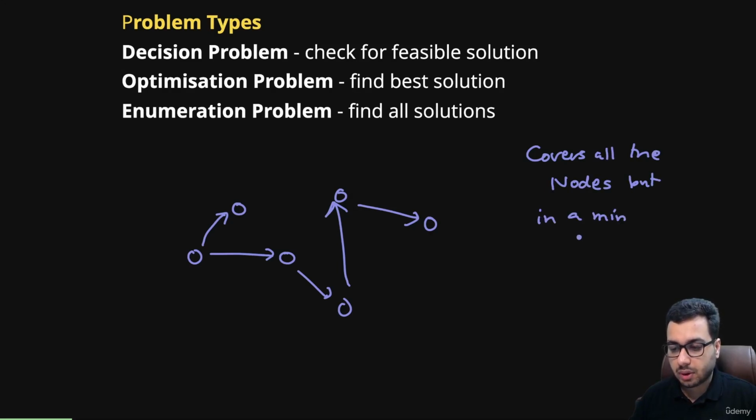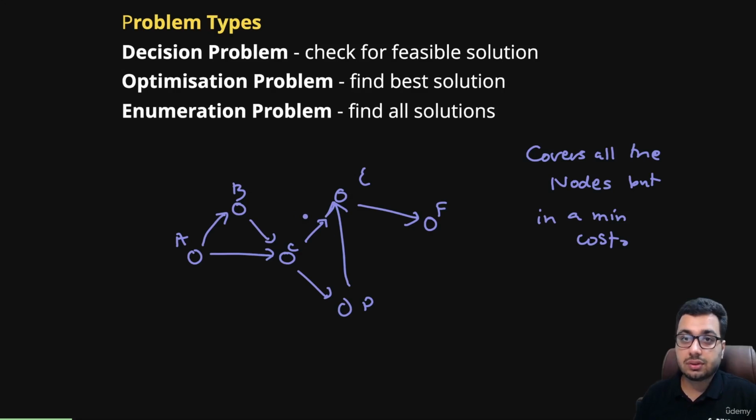So this is an optimization problem. Let's say the nodes are a, b, c, d, e, and f. From every node to every other node there is some cost associated. So this is about finding the best solution out of multiple solutions, and this is again a kind of backtracking problem. An example could be something similar to the traveling salesman problem, if you have heard of it.